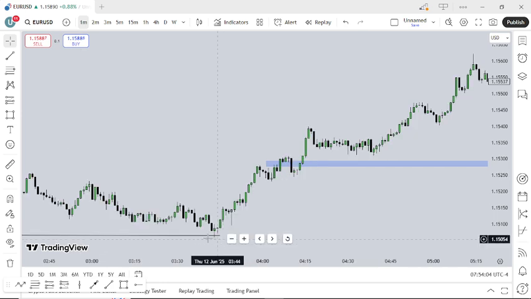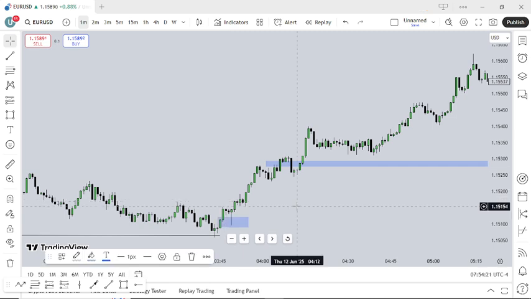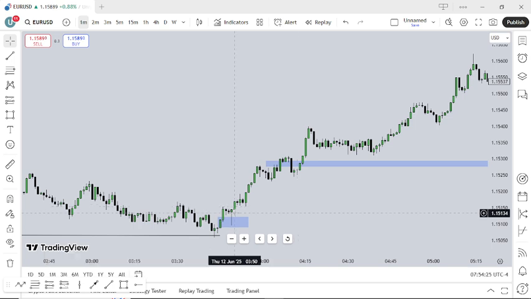So immediately this sell side liquidity was taken out, notice we had a shift of structure again to the upside. So that's a break of structure. And then after the break of structure, look at this fair value gap that was formed. Once you see this fair value gap formed, then you can place your limits or take your entry.